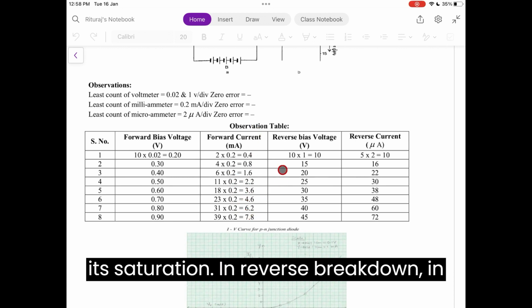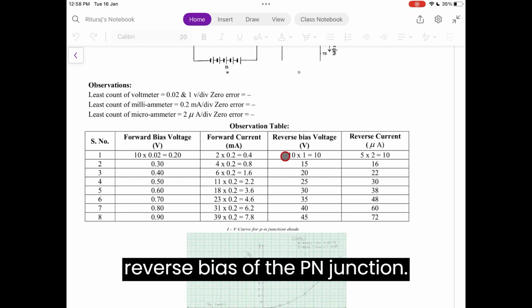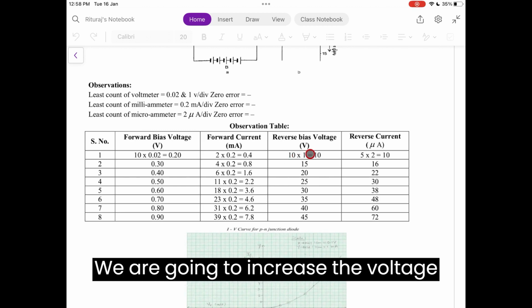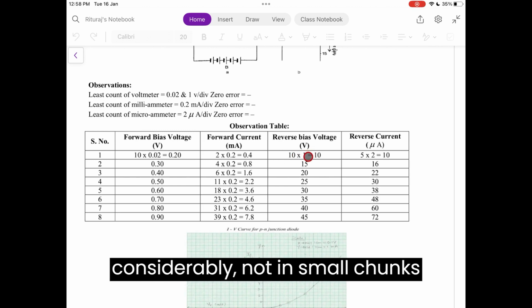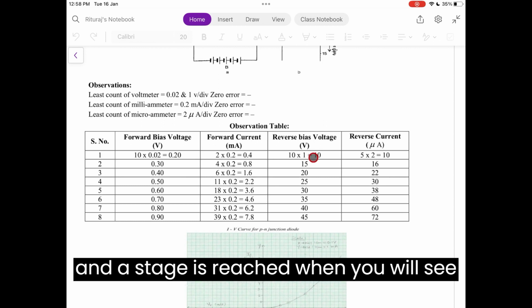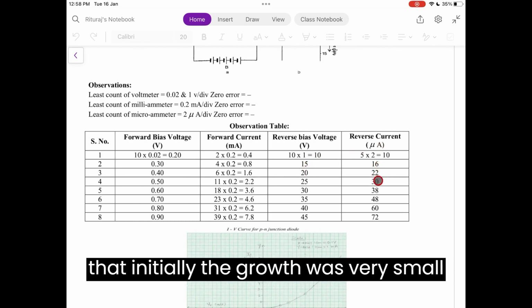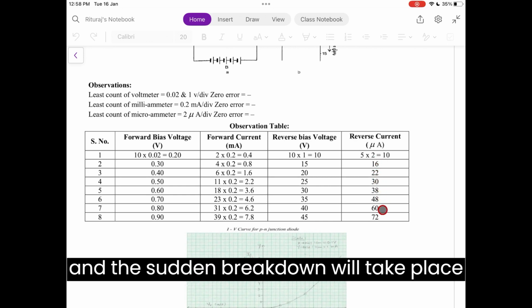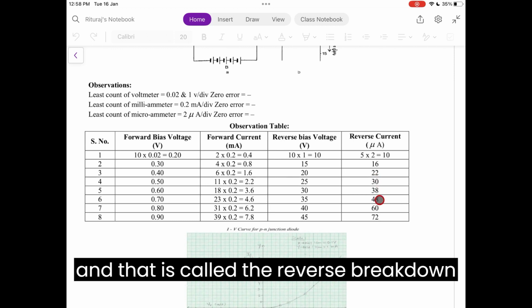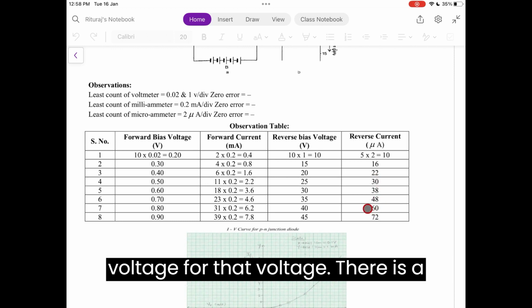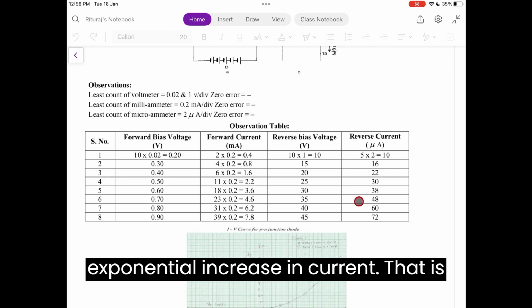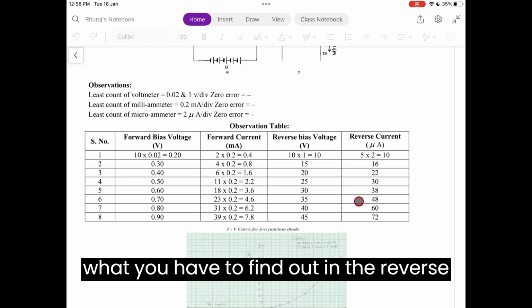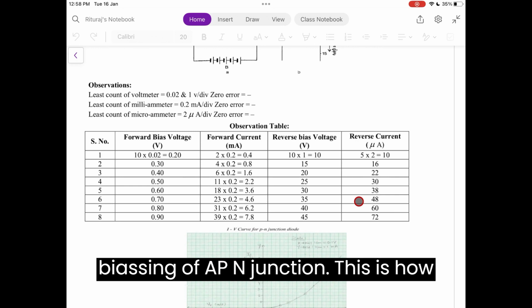In reverse bias of the PN junction, we are going to increase the voltage considerably, not in small chunks, and a stage is reached when you will see that initially the growth was very small, 6, 8, 8, then 10, 12, 12, and the sudden breakdown will take place, and that is called the reverse breakdown voltage. For that voltage, there is a sudden surge in current, an exponential increase in current. That is what you have to find out in the reverse biasing of a PN junction.